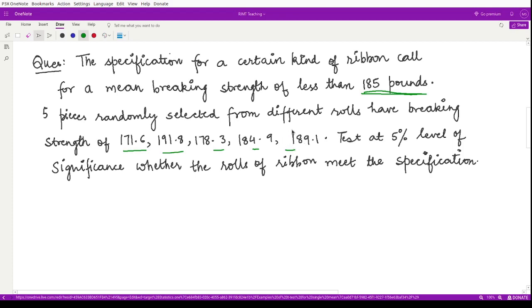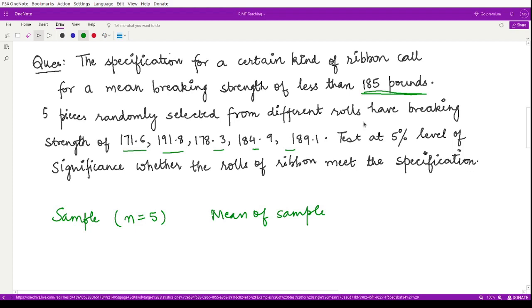So you are given a sample having 5 elements, because only 5 data points are given to you, and then you are to test whether the mean of the sample meets the specification or not.